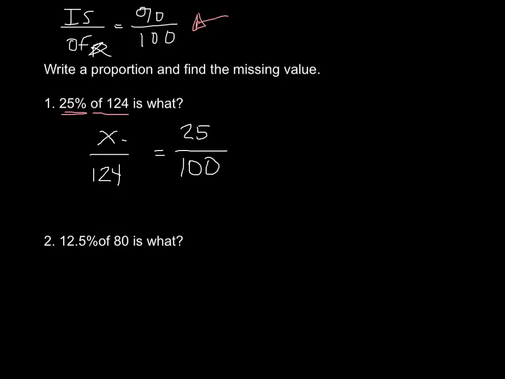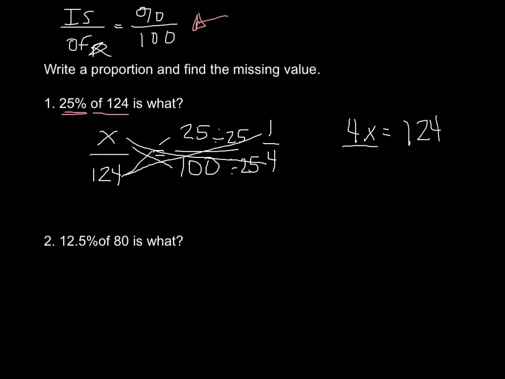Okay, so now we're just going to cross multiply. We would get 100x equals, here's what I'm going to do. I'm going to reduce first. I can make 25 over 100, divide by 25, divide by 25, so I would get 1/4. Now I'm going to do x times 4, so I would get 4x equals 124 times 1.